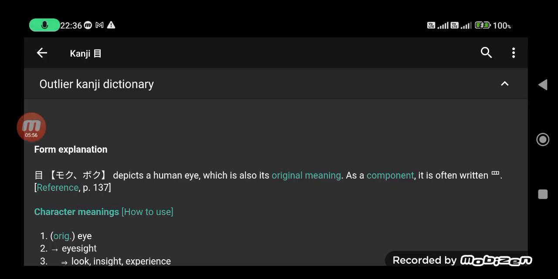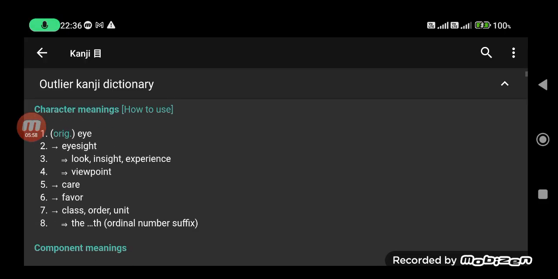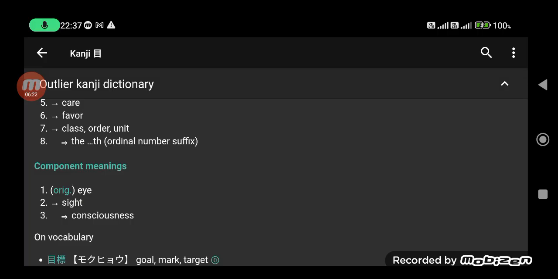Okay, so the main meaning is eyesight, look, insight, experience, viewpoint. And the secondary meanings are favor, care, and this kanji character, minasan, is also used as a counter for ordinal number suffix. Ordinal means order or sequence, something to do with sequence.